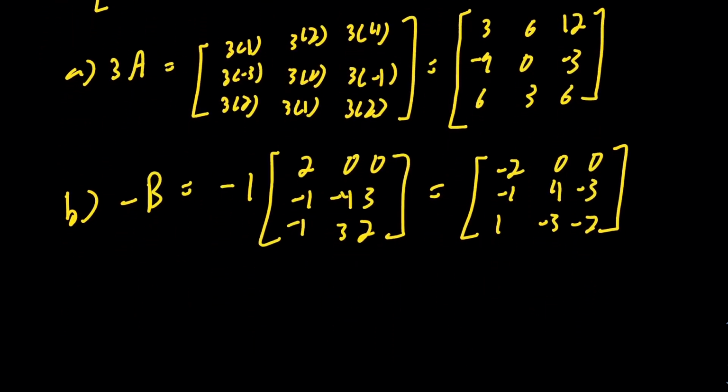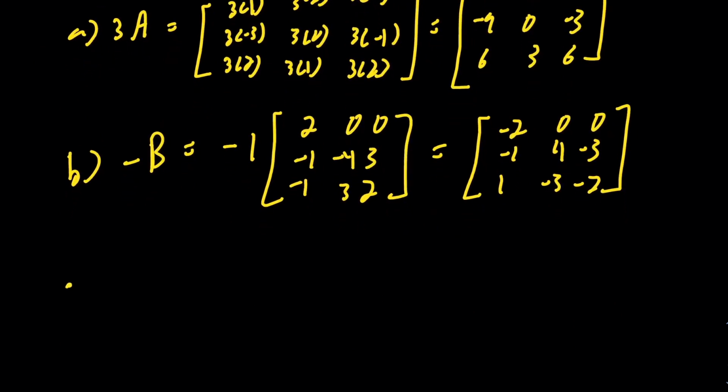Now, this last one is going to require a little bit of thinking. What if we have 3A minus B? What would that matrix look like? Well, we've already got the first two parts, and the same property applies as in matrix addition, which was covered a while ago, and if you haven't seen that video, it's the same as multiplying two numbers.